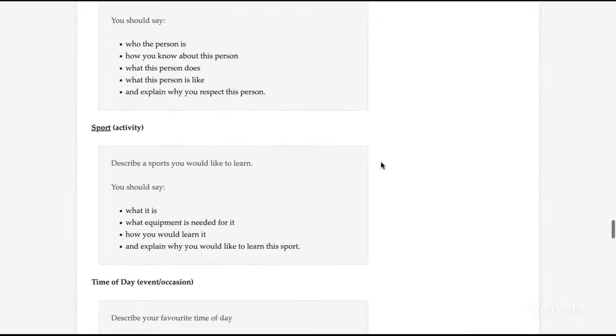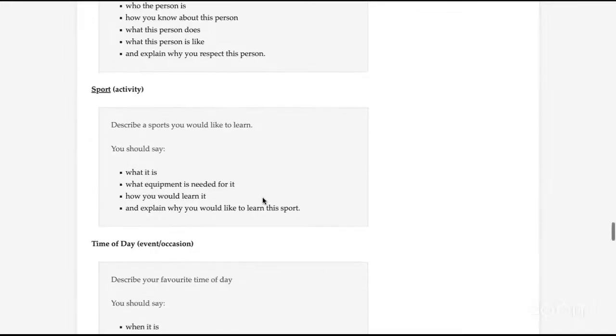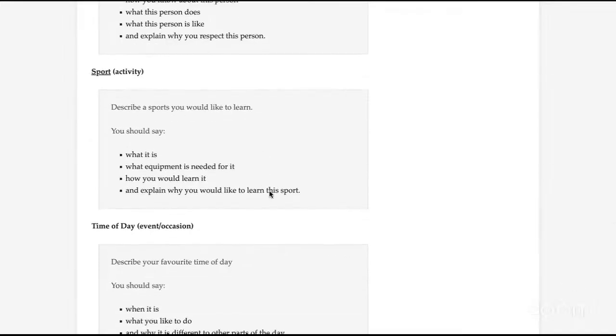Okay, Sarali, your cue card is: describe a sport you would like to learn. You will get 1 minute to think. After that, you will speak for 2 minutes. Try to cover all the points. You have 1 minute, sir.